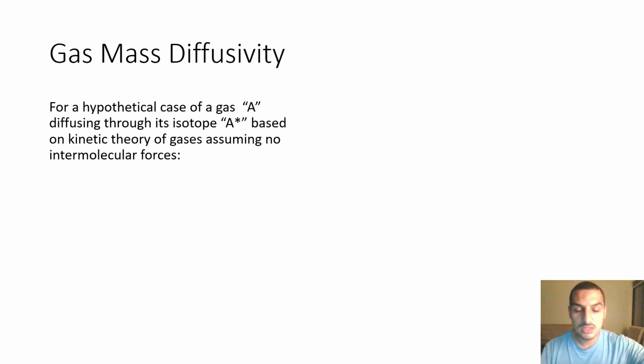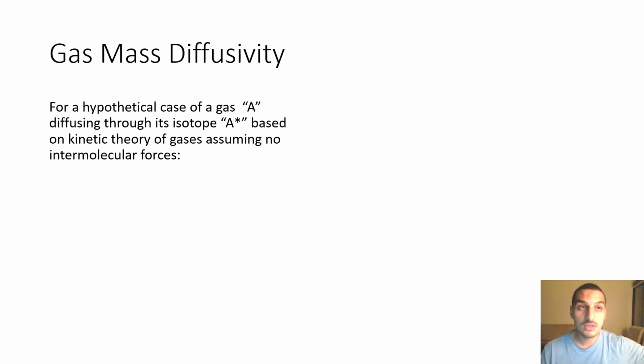The equation assumes a very hypothetical case where we have a gas A that is diffusing through its isotope A star. As we all know, the isotope is the same element, but it has a different atomic weight because it has a different number of neutrons. So it has the same number of protons and electrons, but just the number of neutrons is different.